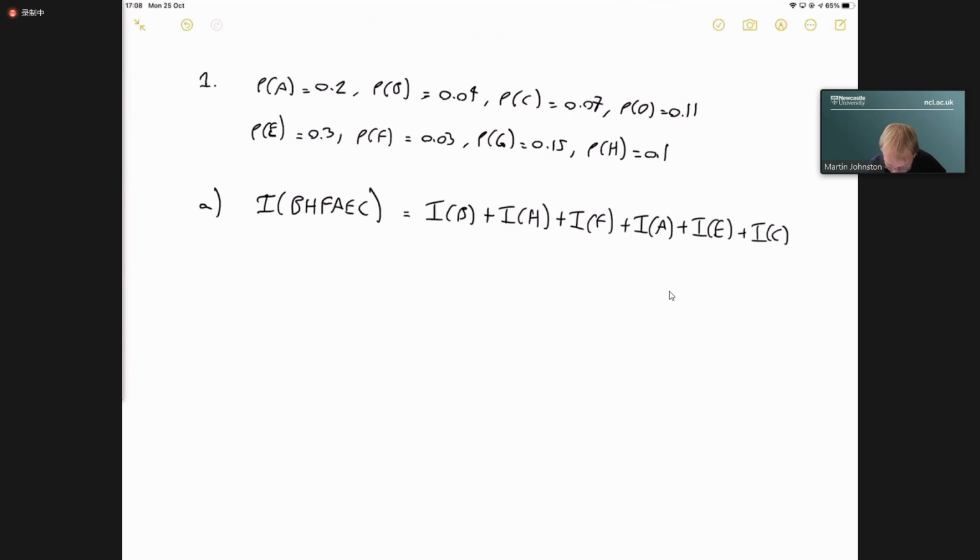So that's the information content of each symbol, and the equation we're using is log to base 2 of 1 over the probability.